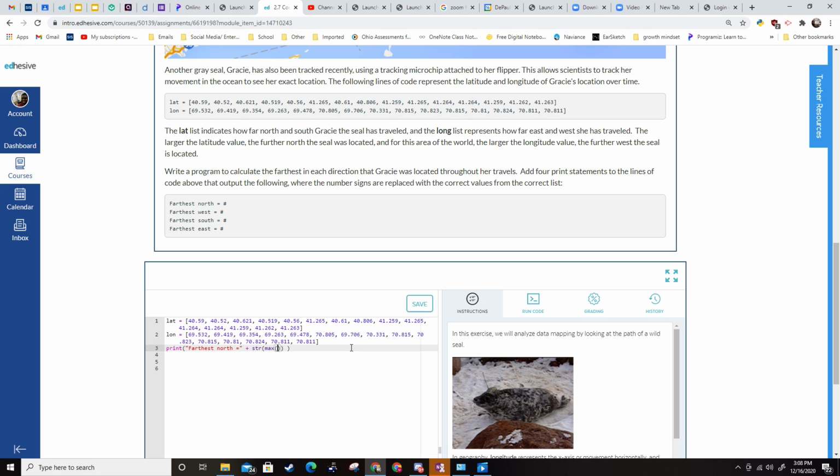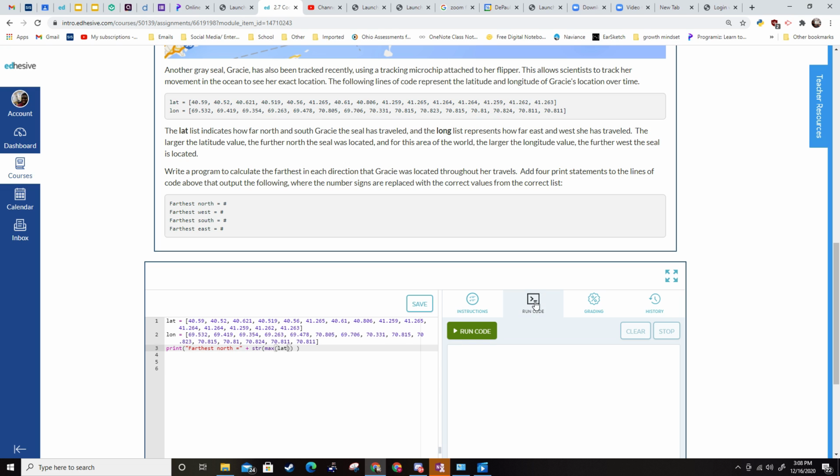So instead of typing all of those values for latitude, I could just type out lat. This is going to give me the farthest north number, the largest number here, the very biggest for the latitude values.